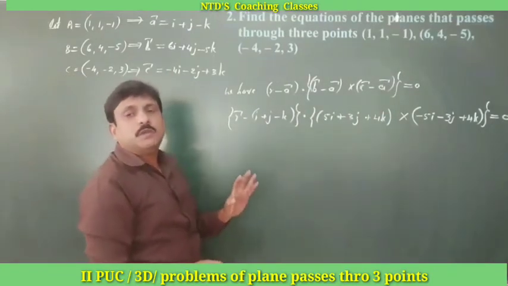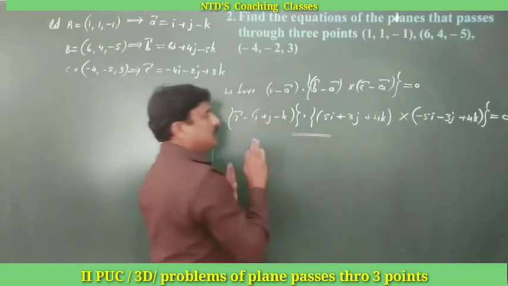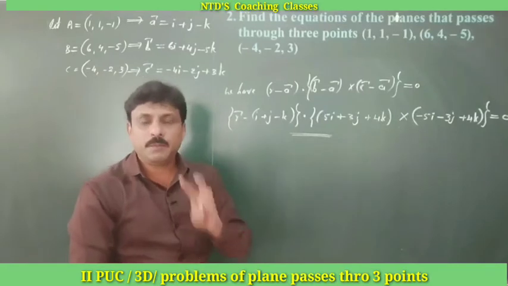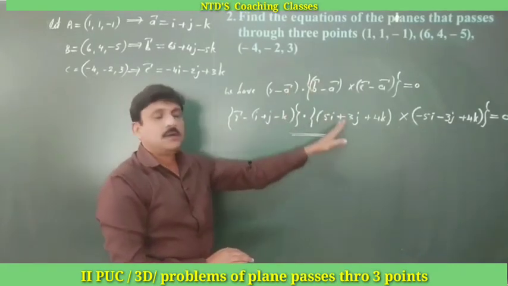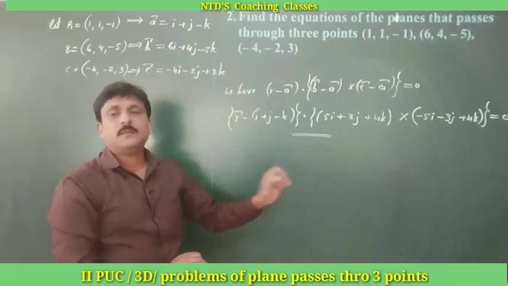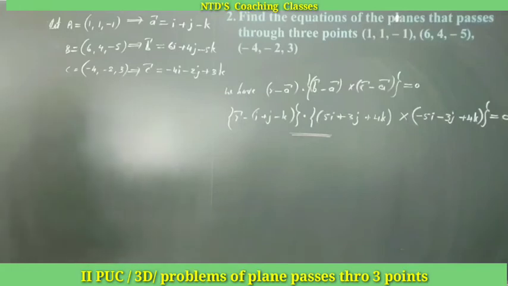Further, no simplification, this is enough. This is the equation of a plane when 3 points are given in vector form, or the vector equation of a plane passing through 3 non-collinear points.